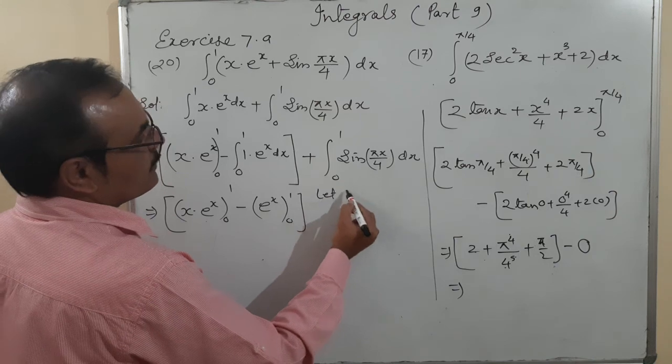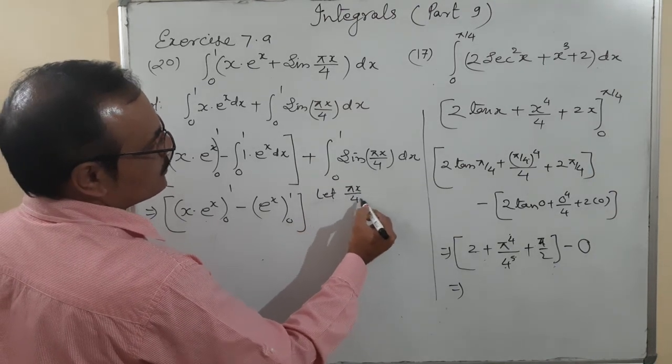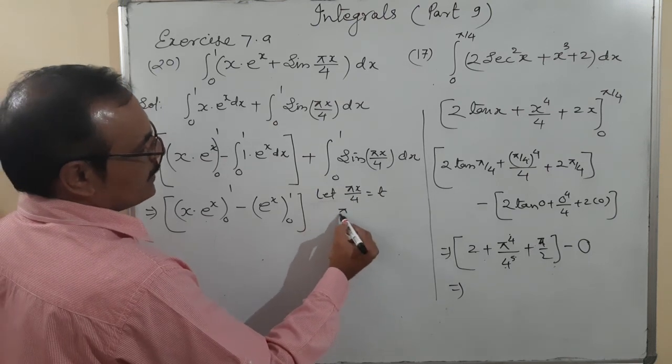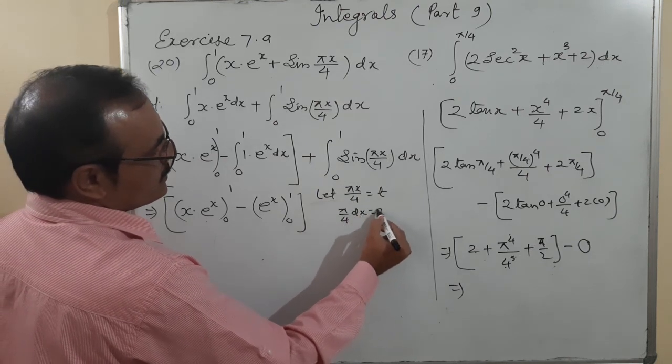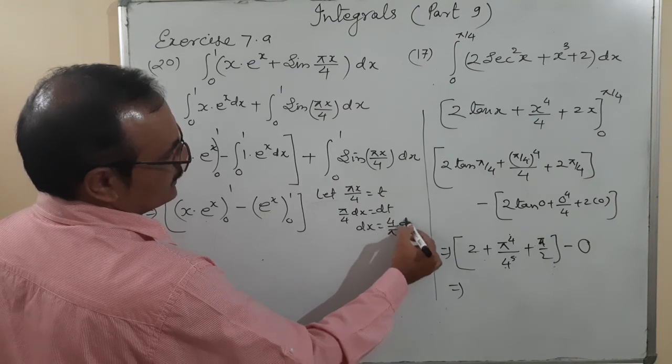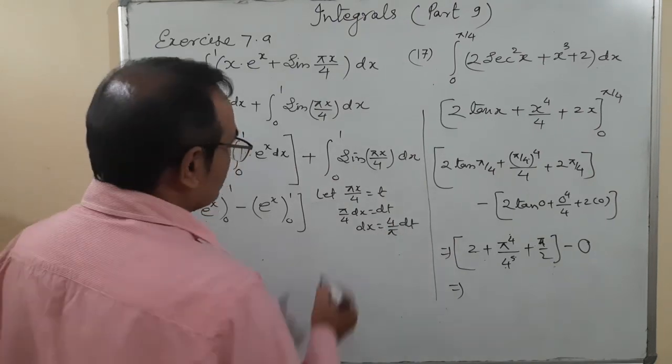Here, let pi x by 4 be equal to t. Differentiating with respect to x, pi by 4 dx is equal to dt, and dx is equal to 4 by pi dt. So what is coming?